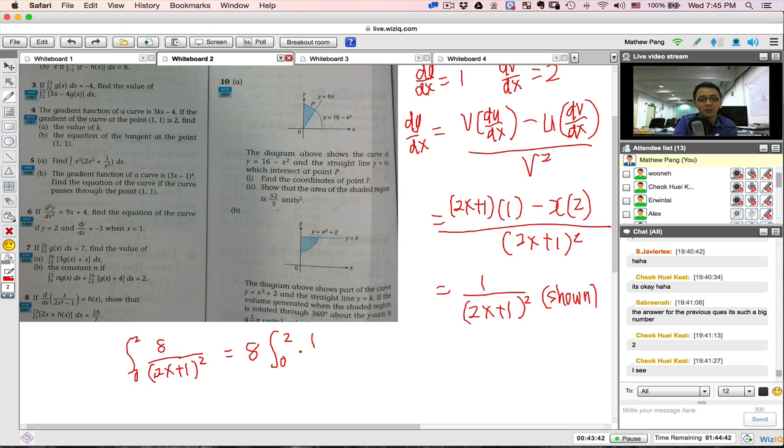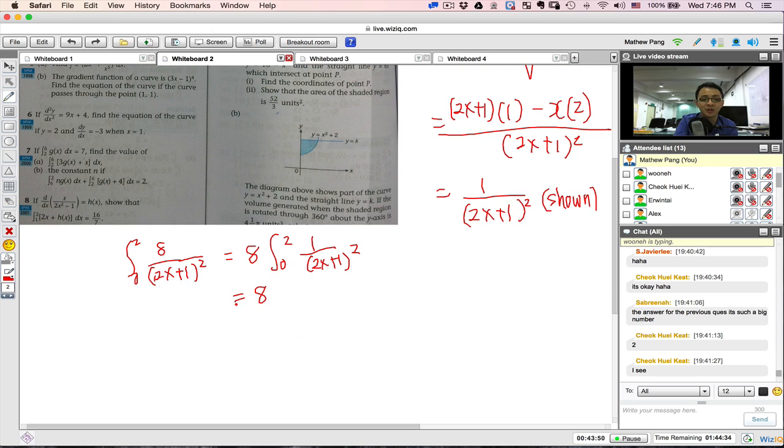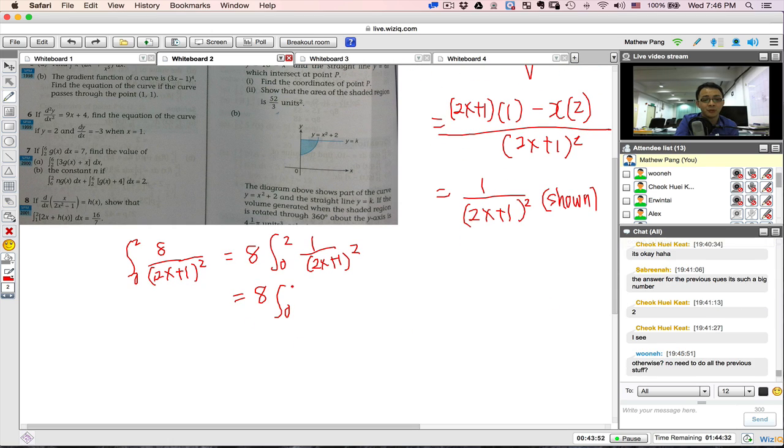Then this one will be 1 over (2x plus 1) squared. Alright, then we know this one is actually power negative, because we got 1 over, so this one is (2x plus 1) to the power of negative 2. Then only I start to integrate. So it will be power plus 1. I change nothing here. So we get negative 1 over negative 1. Differentiate this one, I will get 2.